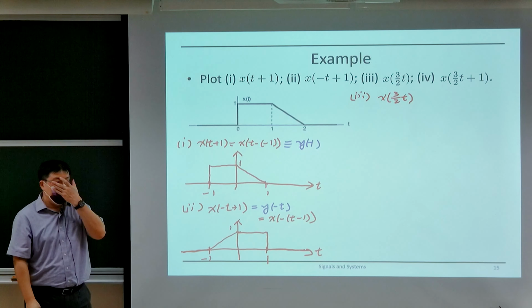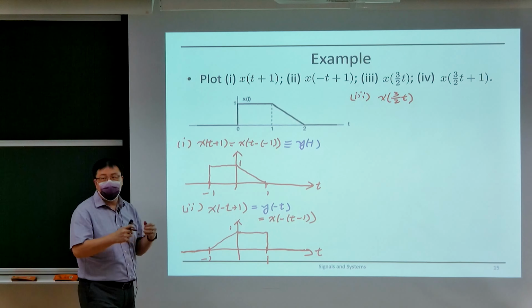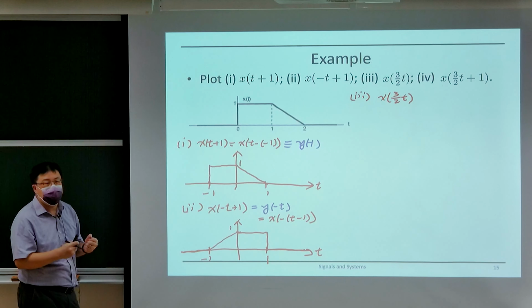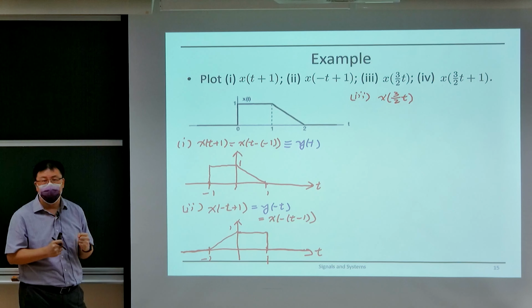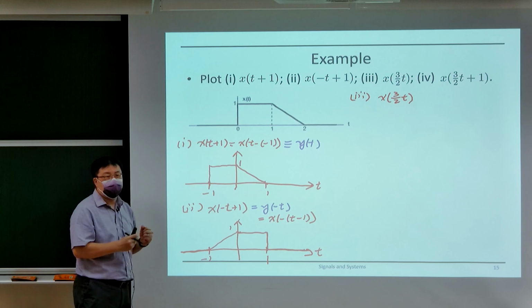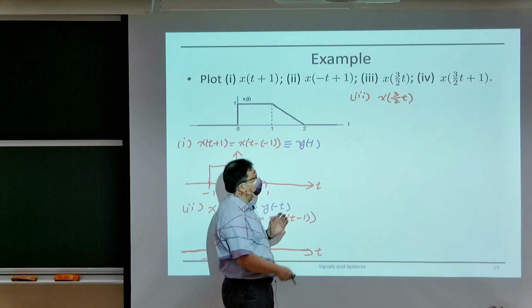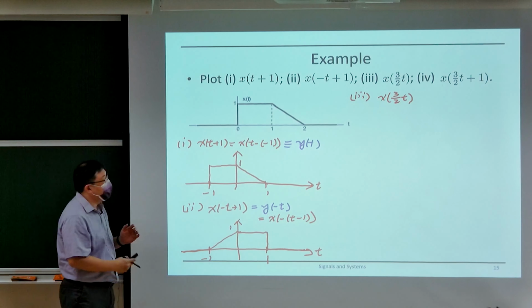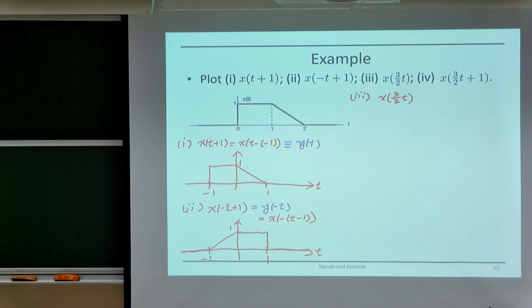Now, is this compressing the signal or stretching the signal? Compressing, right? Because we're multiplying by a factor greater than 1, we are somewhat fast-forwarding the signal, making it occur over a shorter duration of time compared to the original signal.